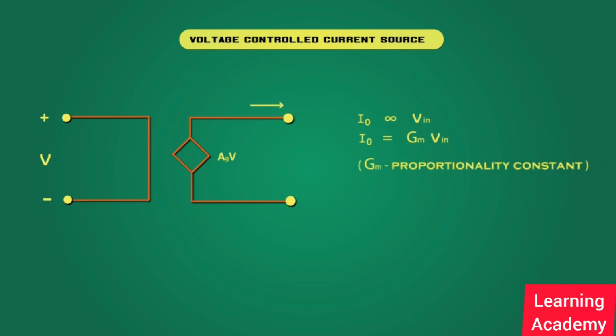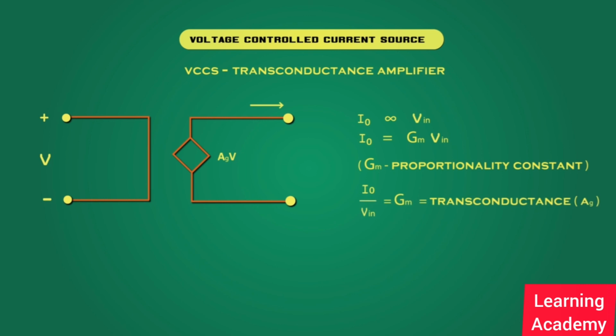It is also called a transconductance amplifier. Here, Gm is also called the transconductance of the amplifier. The ideal VCCS has infinite resistance for both input and output. In this video, we have discussed the sources of energy.